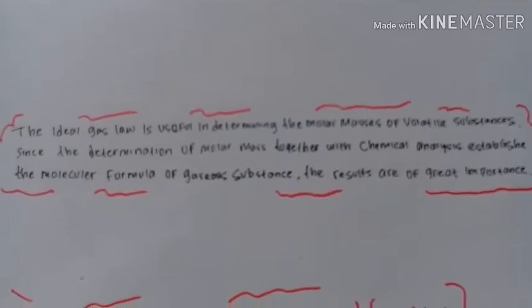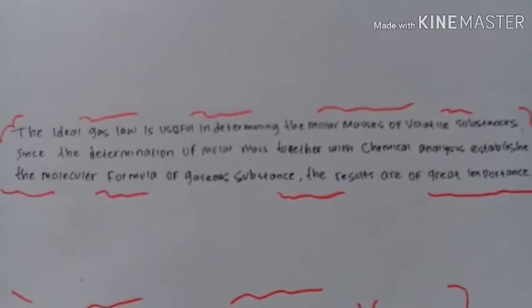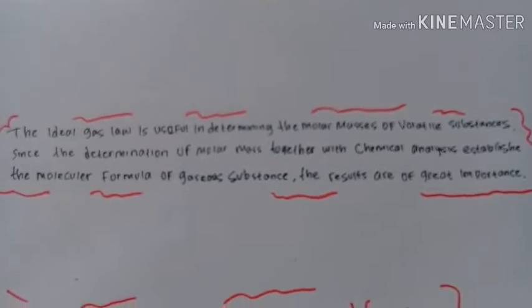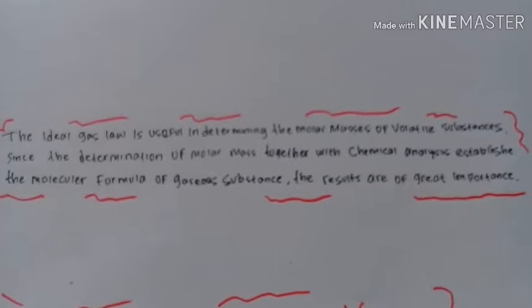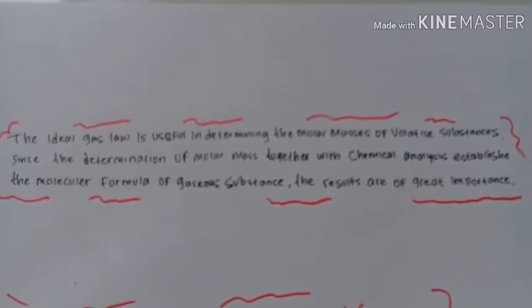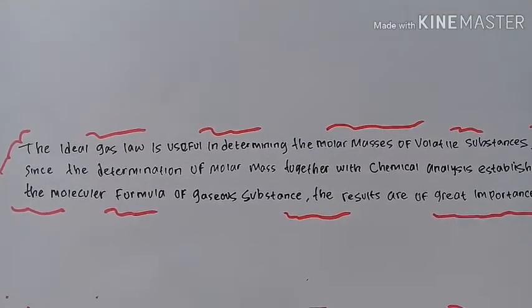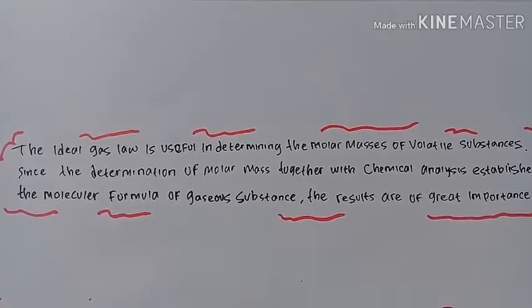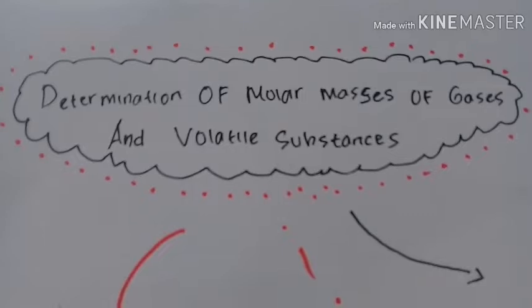For convenient choice of experimental conditions, the ideal gas law is useful in determining the molar masses of volatile substances. Since the determination of molar mass together with chemical analysis establishes the molecular formula of gaseous substances, the results are of great importance.